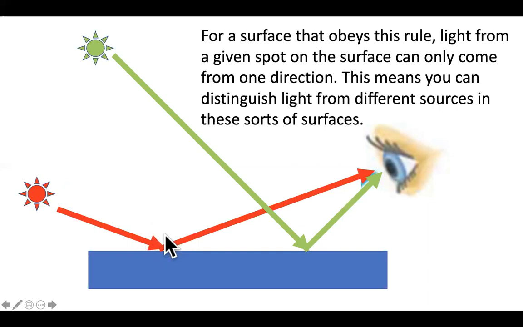If we look here, we only see the red source. So when we look at a mirror, we can distinguish light coming from different places. That's the basic nature of a mirror. You can see things in the reflected light. You don't just see a broad haze, you're able to distinguish particular sources.